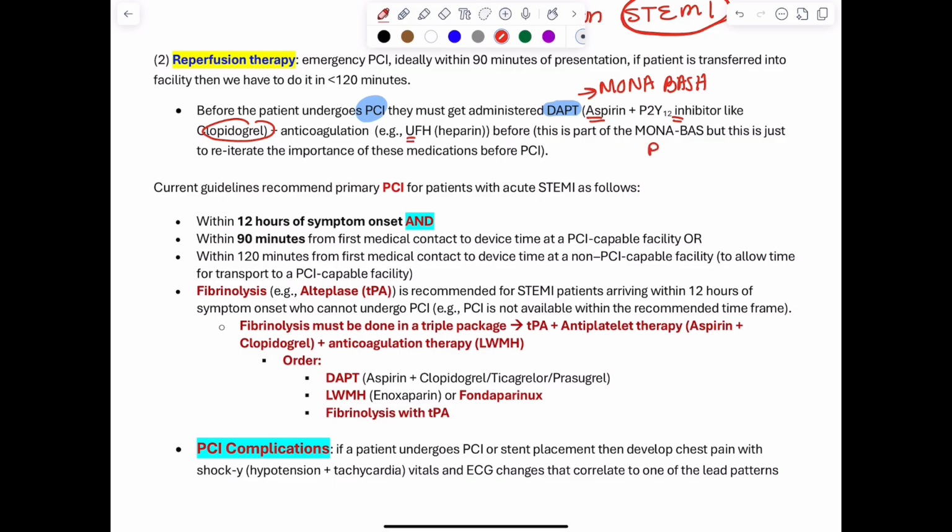Remember, PCI, unfractionated heparin; fibrinolysis, you give low molecular weight heparin. Okay? So here we're doing DAPT, which is aspirin and clopidogrel. Again, that's part of the Monabash. And then the unfractionated heparin, which is also part of the Monabash, but make sure that you're choosing unfractionated heparin, okay?